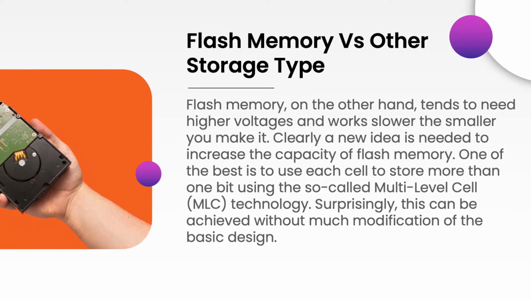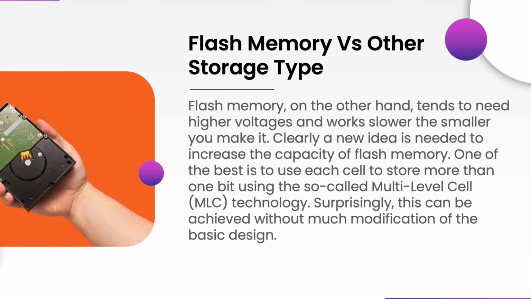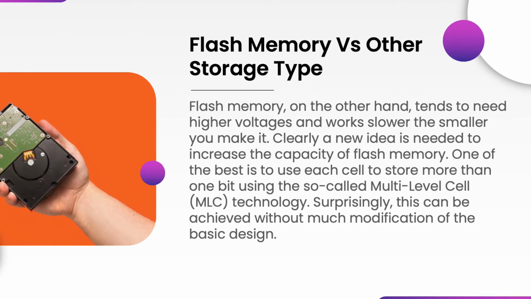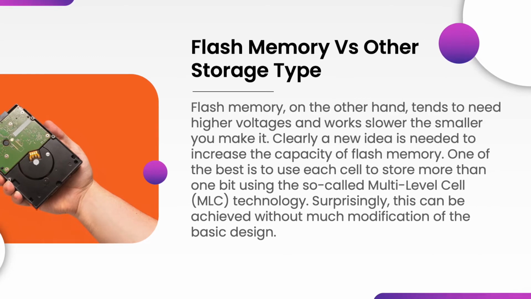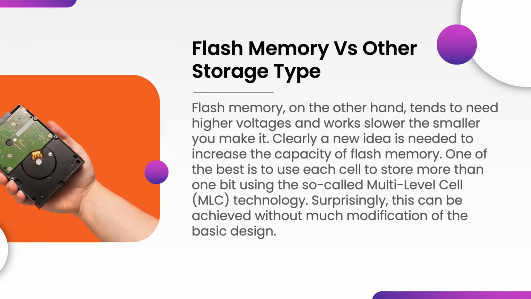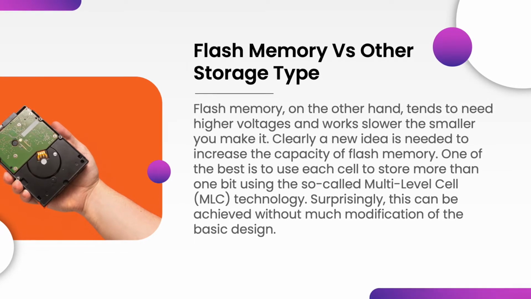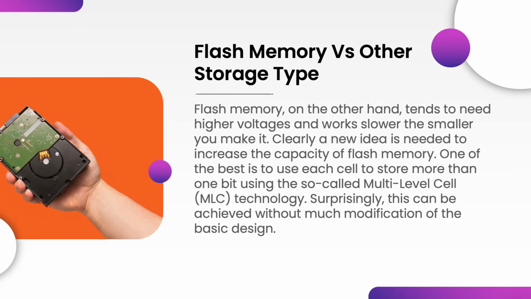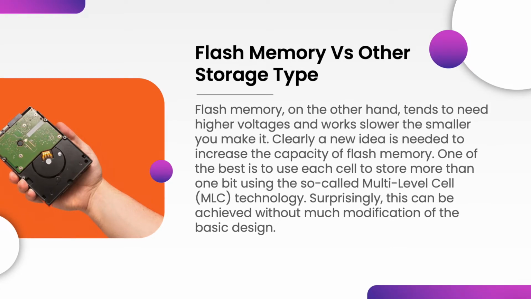Clearly, a new idea is needed to increase the capacity of flash memory. One of the best is to use each cell to store more than one bit using the so-called multi-layer cell (MLC) technologies. Surprisingly, this can be achieved without much modification of the basic design.